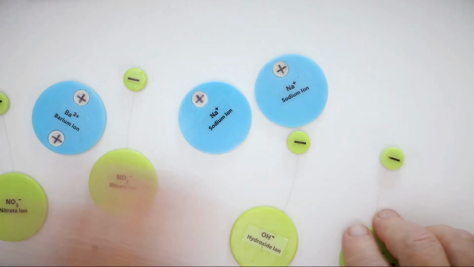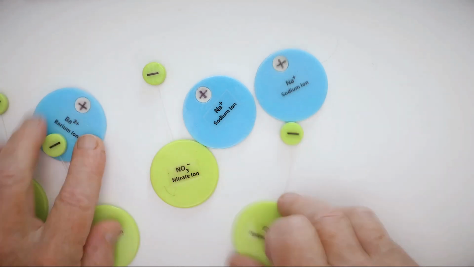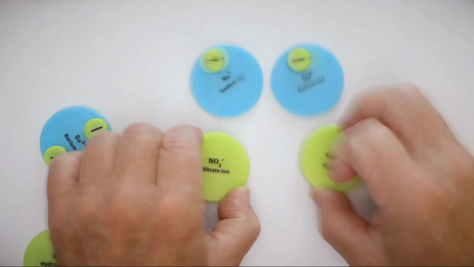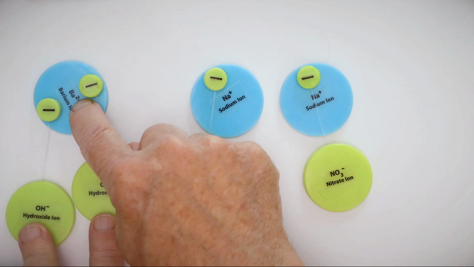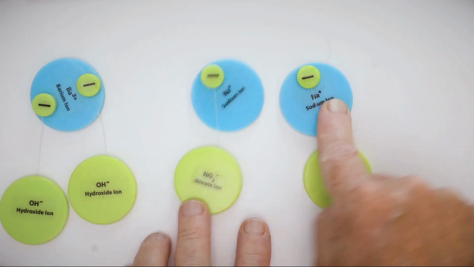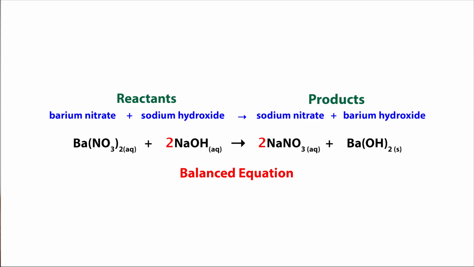These are all floating around in the solution together. And then the hydroxide happens to come there, and another hydroxide comes there. It falls out of solution, and that leaves us with 2 of the sodium nitrates. So again, we have now 1 of the barium hydroxide and 2 of the sodium nitrates. So now we would have a balanced equation, and our final ratio would be 1 to 2 to 2 to 1.